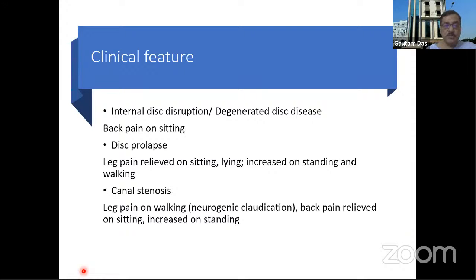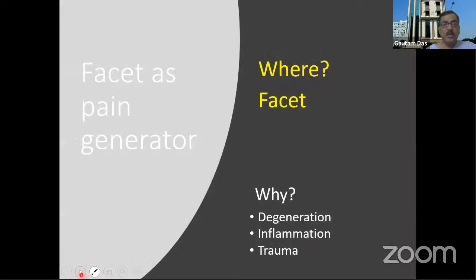These are the three most important clinical features: back pain on sitting for internal disc disruption, radicular leg pain on walking for disc prolapse, and neurogenic claudication on walking for canal stenosis. These are the three important clinical features of the disc-related pain.